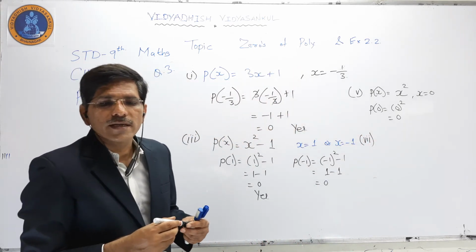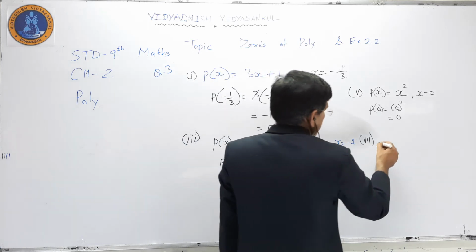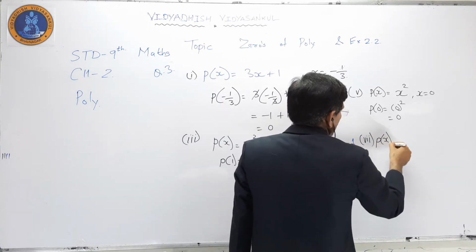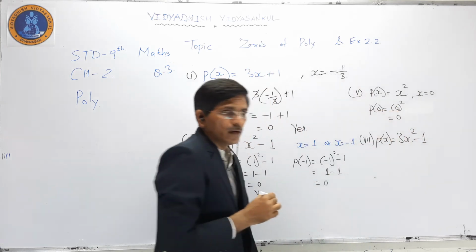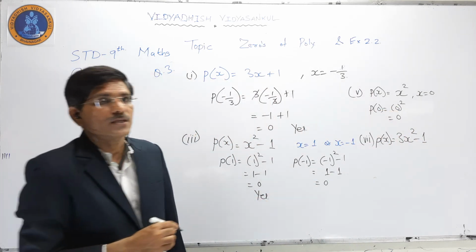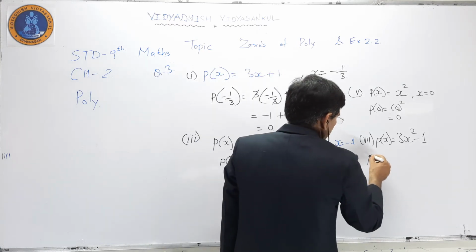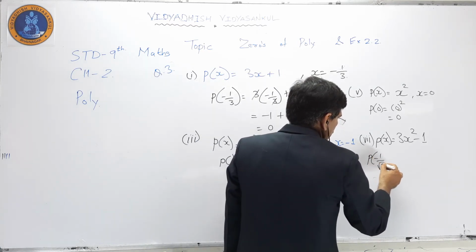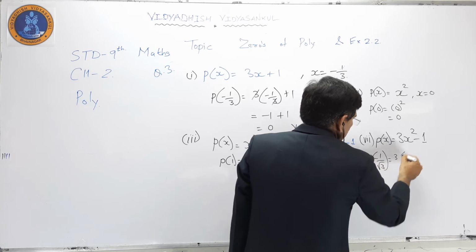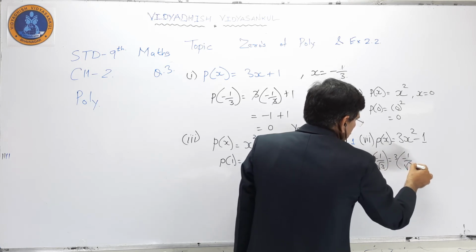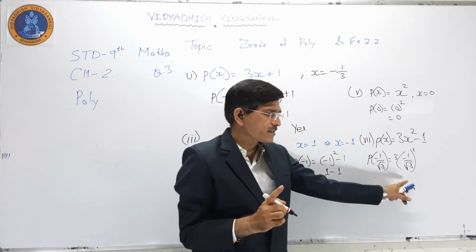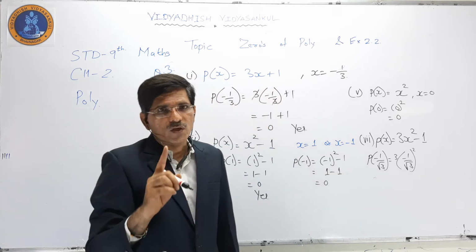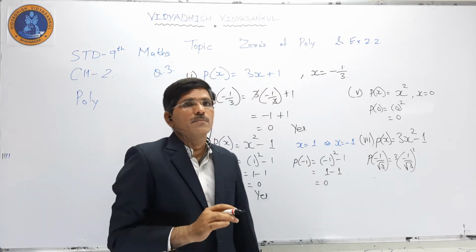So P of x is equal to 3x square minus 1. Now the value of x is minus 1 upon root 3. So P of minus 1 upon root 3: minus 1 upon root 3 whole square. If I put the value, again as we discussed, if there is a square root term and it is squared, we get the number itself.